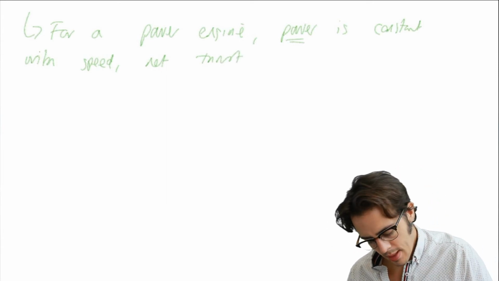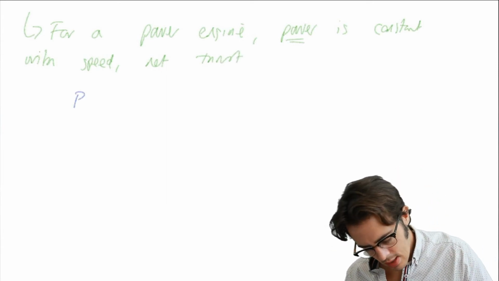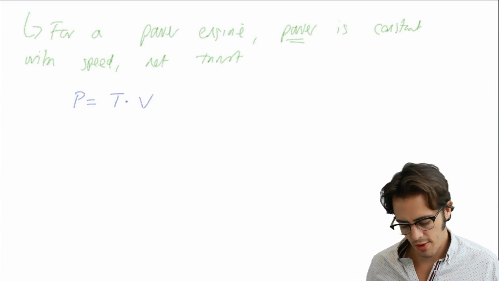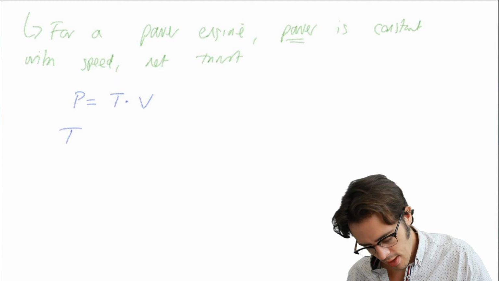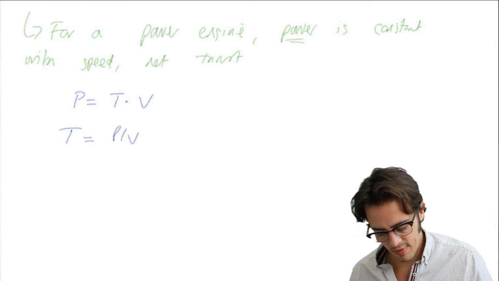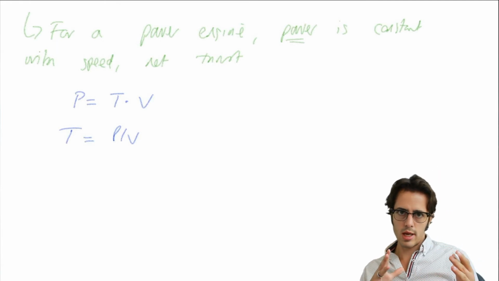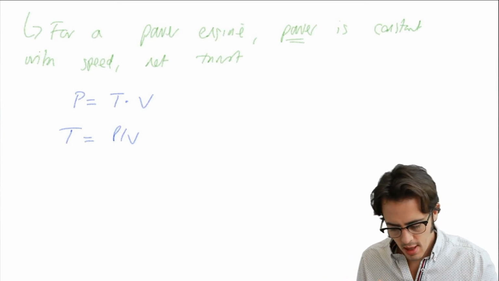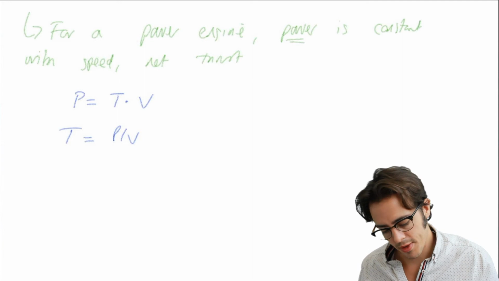So let's remember that the power is equal to thrust multiplied by velocity. So the thrust available for a power engine is equal to the power divided by the velocity, which gives the somewhat counterintuitive idea that a power engine at zero velocity is producing infinite thrust. Obviously it's not, but that's the assumption we're making with this model.